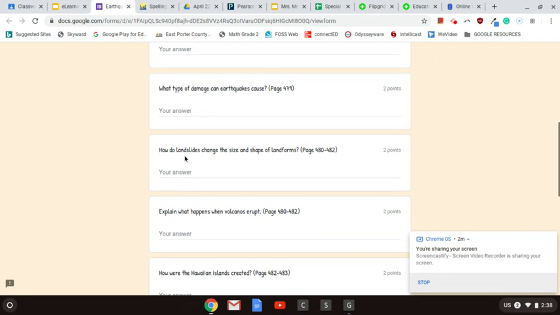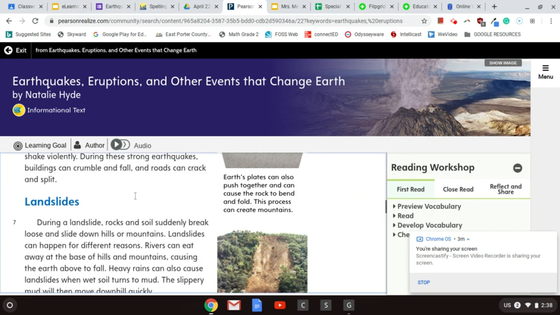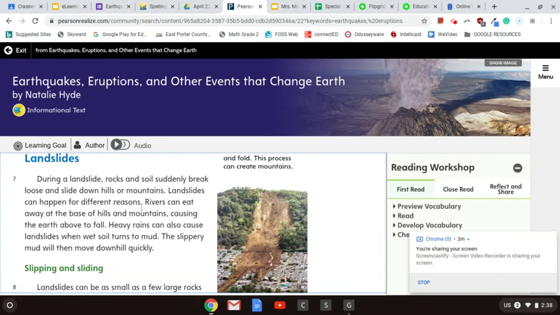Next question, how do landslides change the size and shape of landforms? Page 480 to 482. Let's look for the word landslides. There it is. During a landslide, rocks and soil suddenly break loose and slide down hills or mountains. Landslides can happen for different reasons.